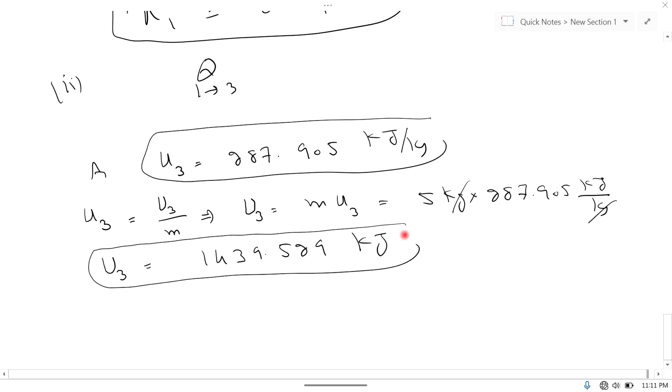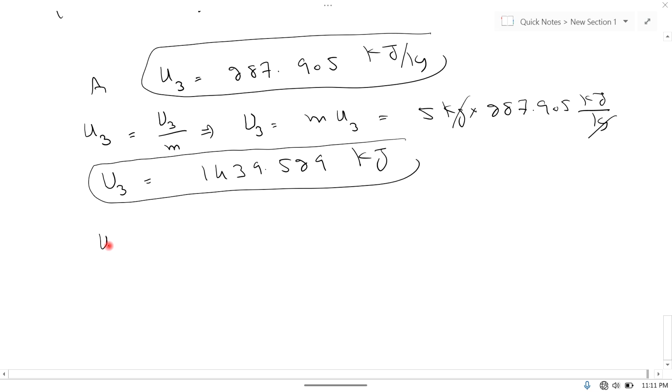Now we are finding U1. As we know, U1 is equal to Uf plus x1 into Ug minus Uf.